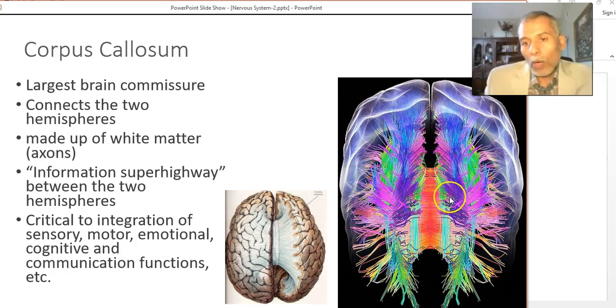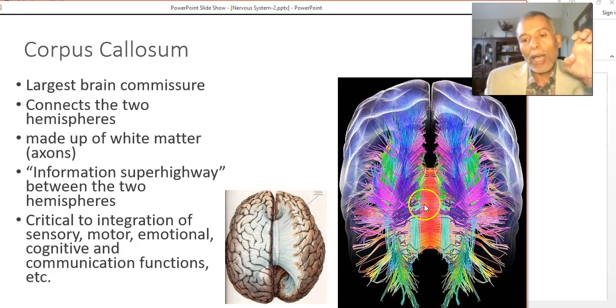Basically, you want to take all the extensions, all the axons of all the neurons, and then you want to connect them with the other side. So you put this into compact cables, and then you connect them with the other side. So that is basically white matter.